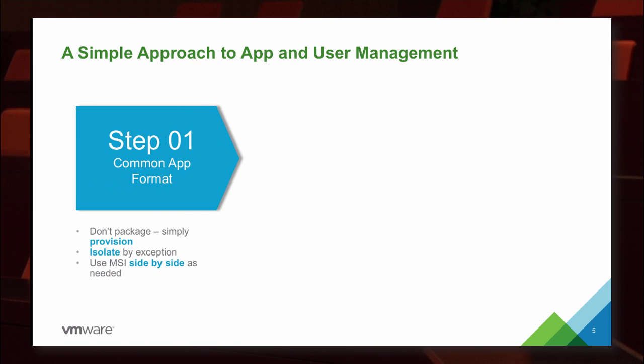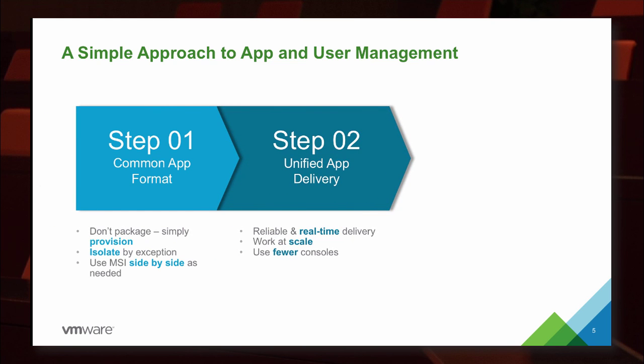So if we look to the core approach, we simply need to provision applications, and we need to be able to isolate them by exception. We'll talk about that here in just a minute, and that's a new feature of AppVolumes. And we also need to be able to use MSIs, installers, side by side as needed, where that's going to be the best way to install the application.